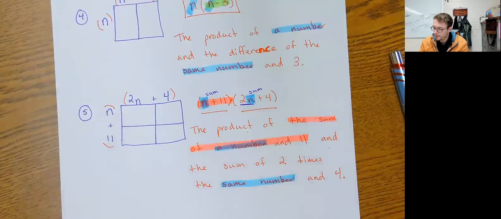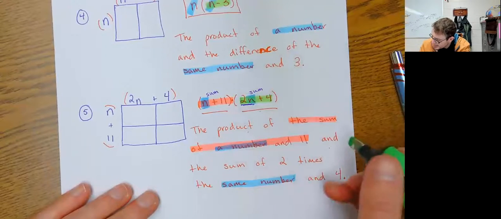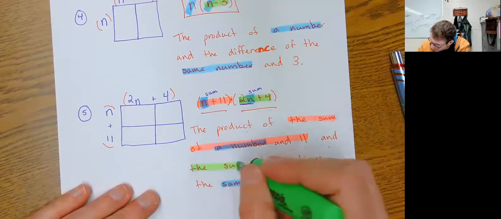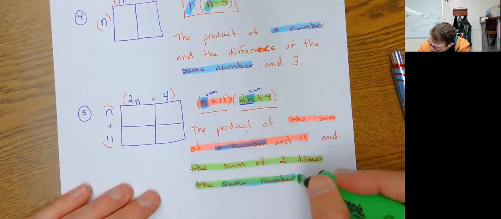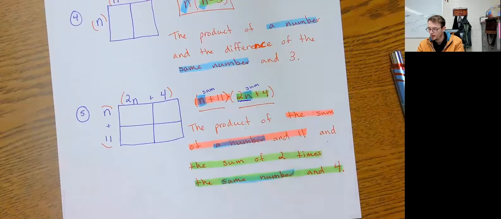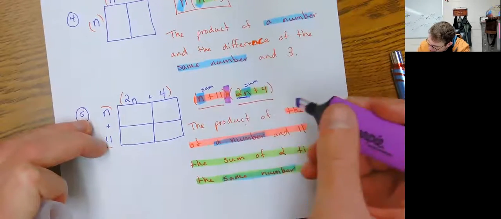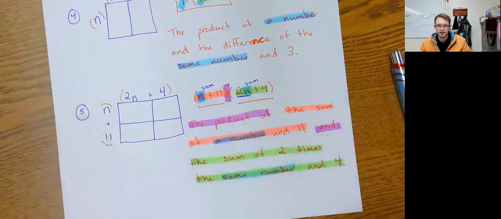And then here we have the sum of 2 times a number, the same number, and 4. So the sum of 2 times the same number, and 4. And the whole thing is connected by multiplication, which is the product of both of them connected.